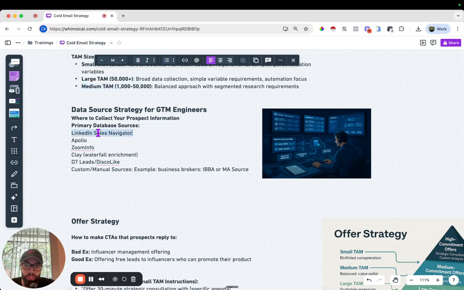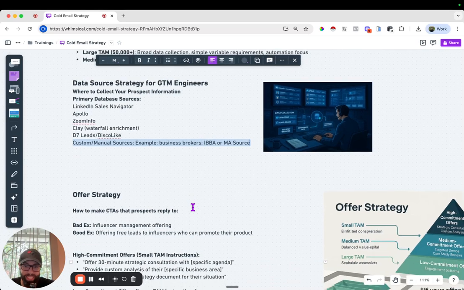We may get that data from LinkedIn Sales Navigator, Apollo, ZoomInfo, Clay, G7 Lead Finder if we're reaching out to more SMB businesses. Or sometimes we have to create a manual scrape. For example, if you want to find business brokers, there are directories out there like IBBA where they have all the contact emails of their business brokers, and you can typically get that data pretty easily.